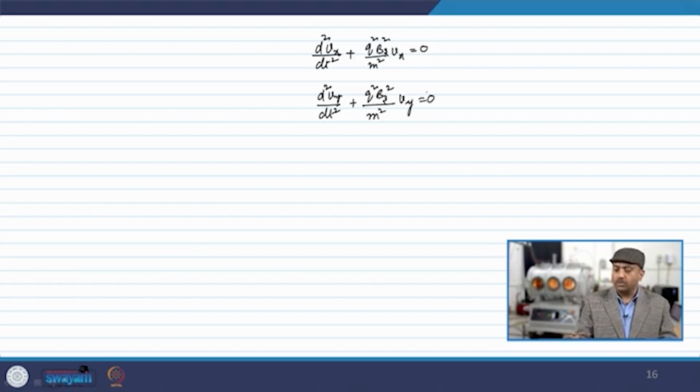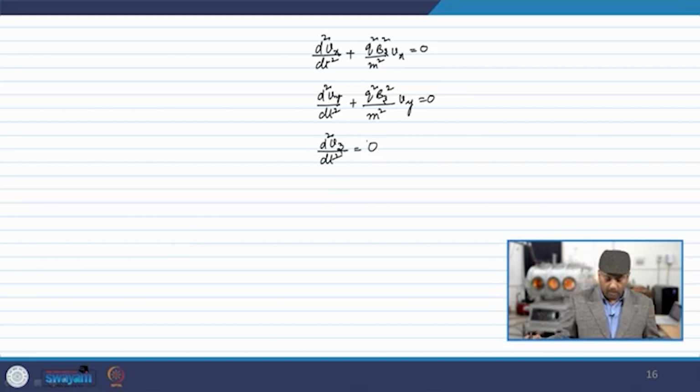Let us take them out and write them separately: d square vx by dt square plus q square B square by m square vx is equal to 0, d square vy by dt square plus q square B square by m square vy is equal to 0. This is a very familiar equation, and the third one is d square vz by dt square will still remain 0.